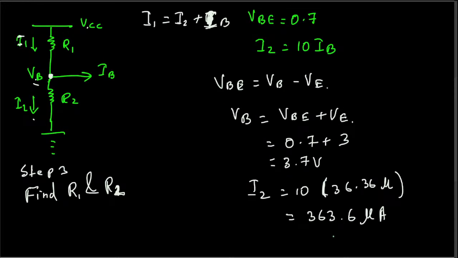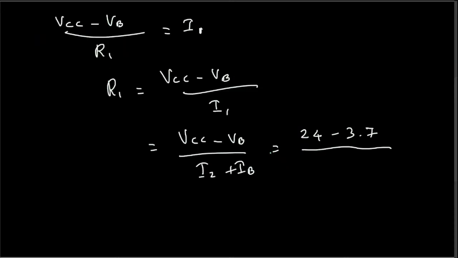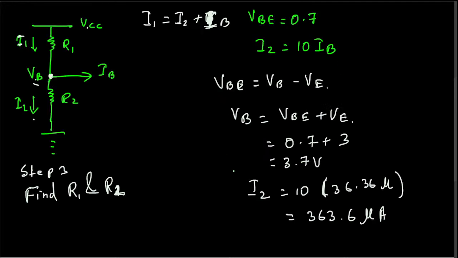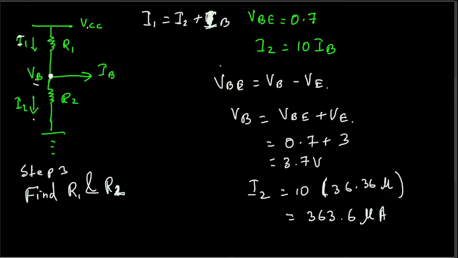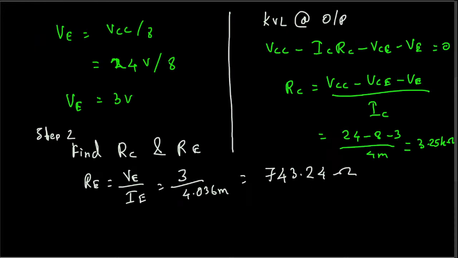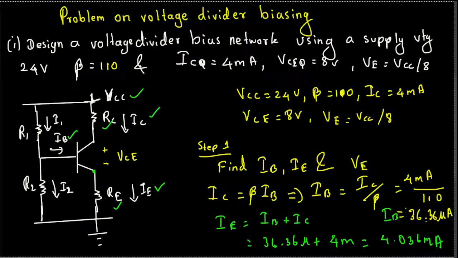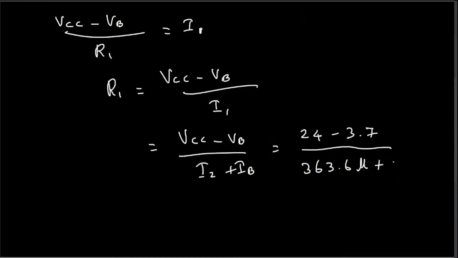I2 is known, that's 363.6 microampere, and then plus the IB current, that is 36.36 microampere. You plug that all in and find the R1 value. That will give you 50.75 kilo ohm resistance.